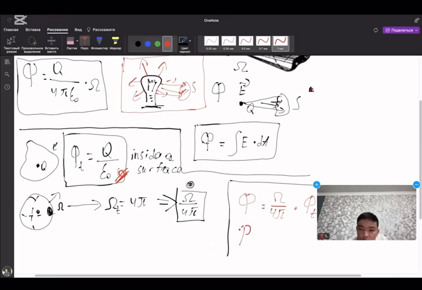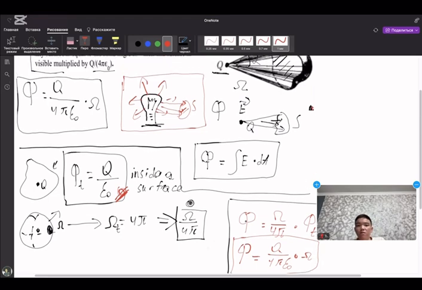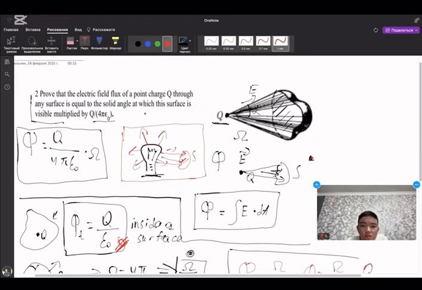We can simplify it, and our flux is equal to charge divided by 4 pi epsilon 0 multiplied by the solid angle. And we have proved that it's correct: the solid angle at which the surface is visible multiplied by this formula. I think it's understandable, and that's exactly what we wanted to prove.